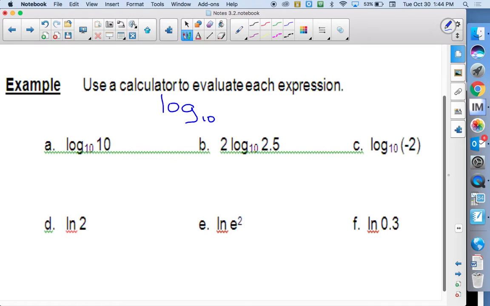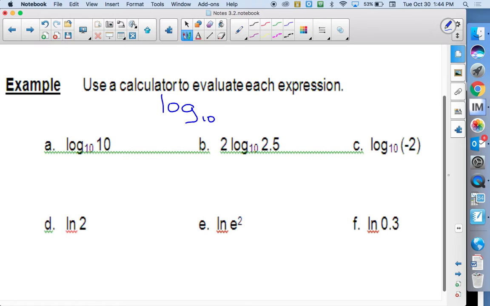Underneath that button is the ln button. Anytime you see an ln, you hit that button and then type the 2 in to evaluate the natural log. If it had any other base, you couldn't use that function in the calculator.